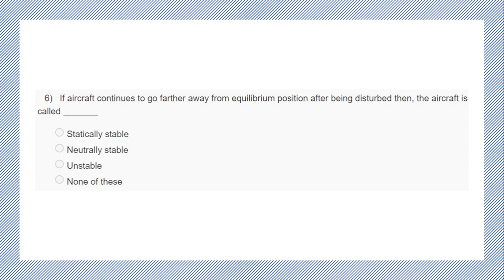So it is unstable. Can a statically unstable aircraft be dynamically stable? And what about vice versa? Can a dynamically unstable aircraft be statically stable? Okay, in this case, just saying unstable is fine, right? So unstable.